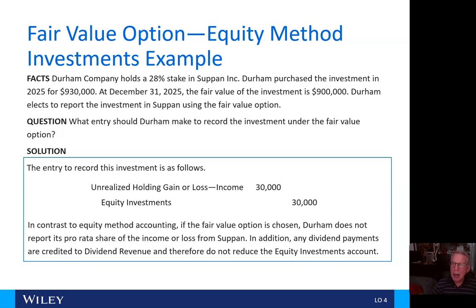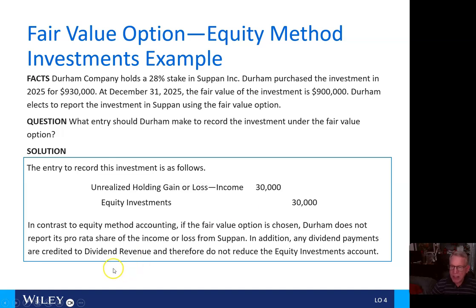So Durham elects to report the investment in Supan using the fair value option. So what entry should it make? And the difference again was $30,000. So we'll debit unrealized holding gain or loss, income, for $30,000 and credit equity investments for $30,000.